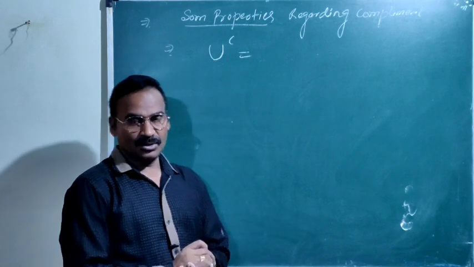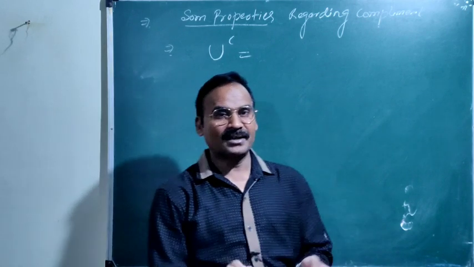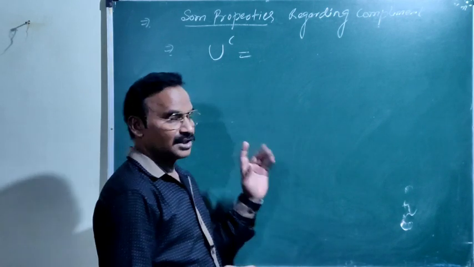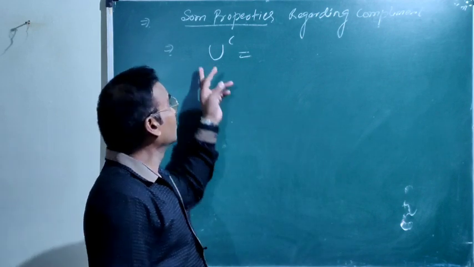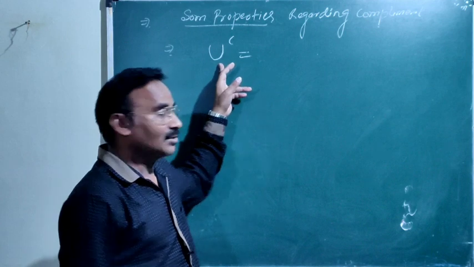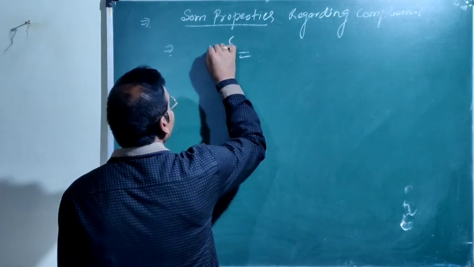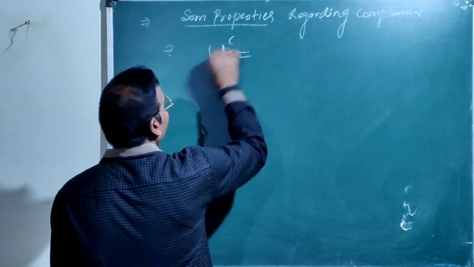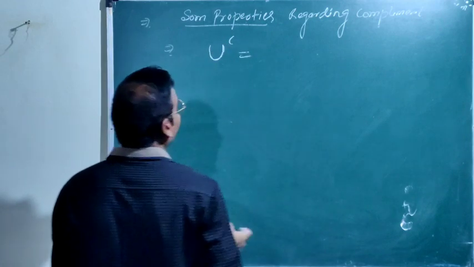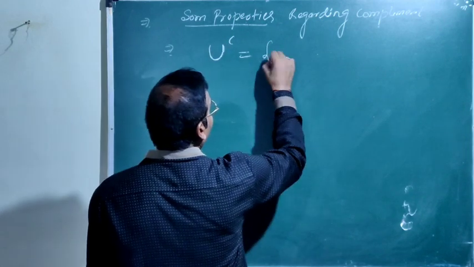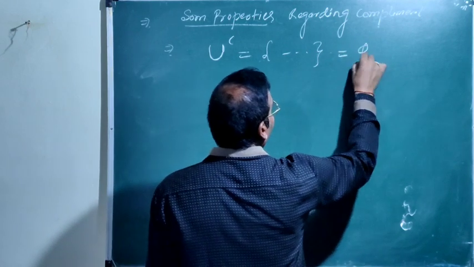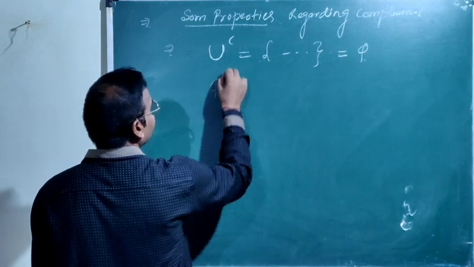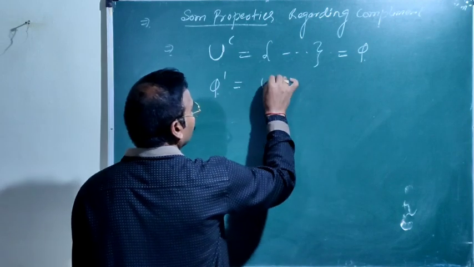In the definition of the complement, you take the elements that do not belong to the set itself, but that belong to the universal set. So the complement of the universal set is the empty set, nothing, which means phi. And phi is the complement of U.